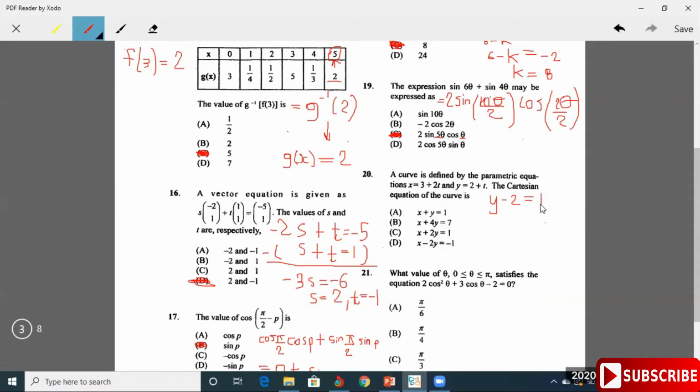Now I'm going to substitute this expression for t right here. So x is equal to 3 plus 2 times (y minus 2).